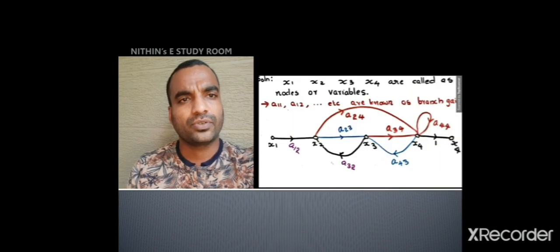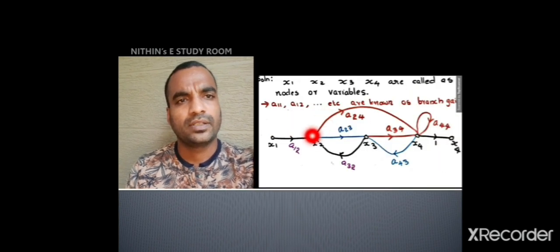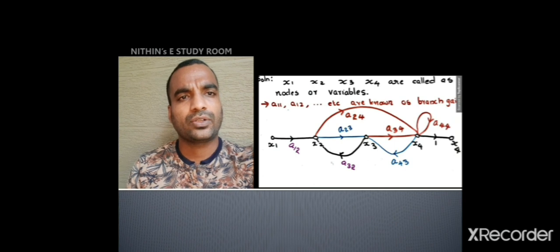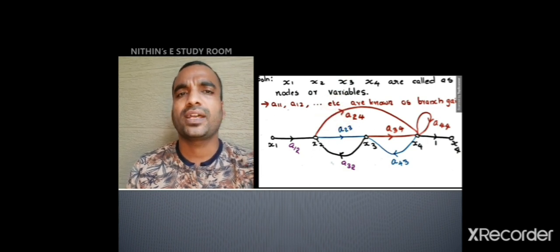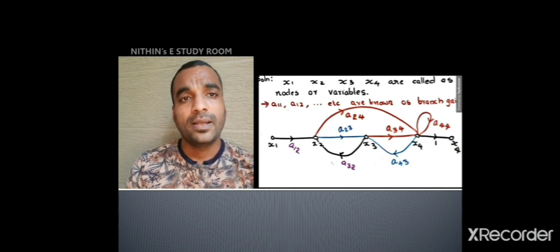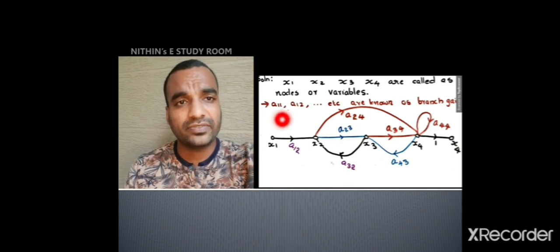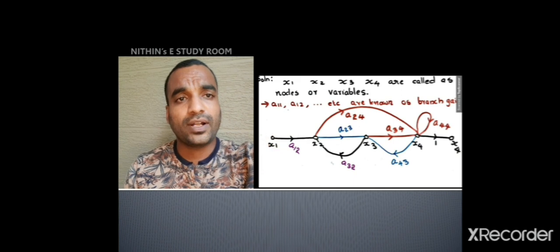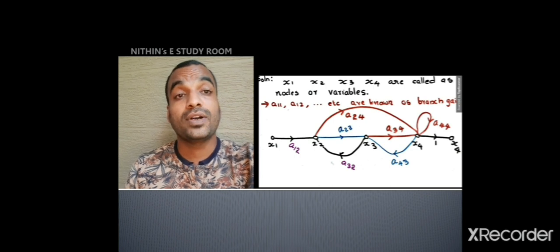We can take the first. Let's see x2. For x2, A12 is coming towards x2 and A24 is going away from x2. So we cannot say x2 is either an input node or an output node. But in the case of x1, it is very clear that the path is originating and going towards outside.